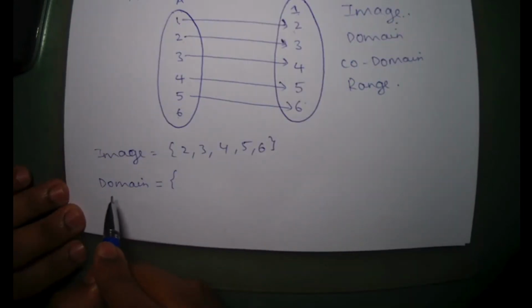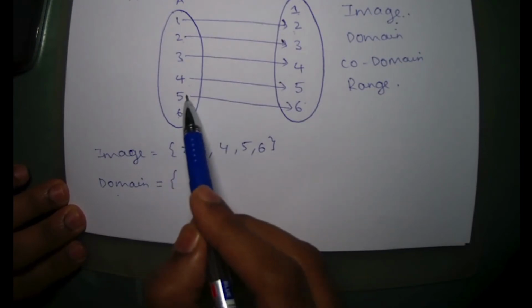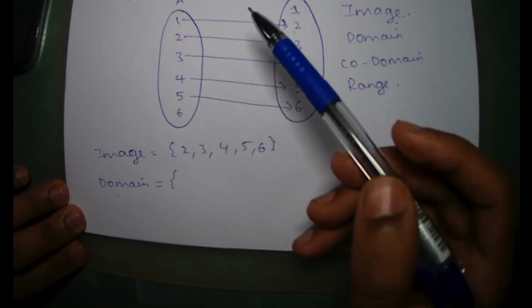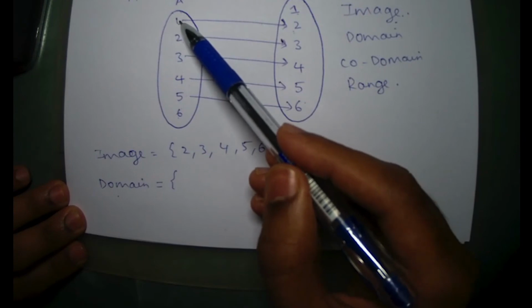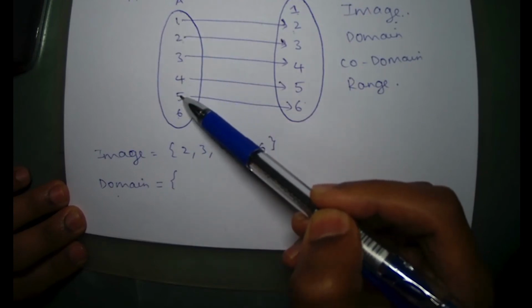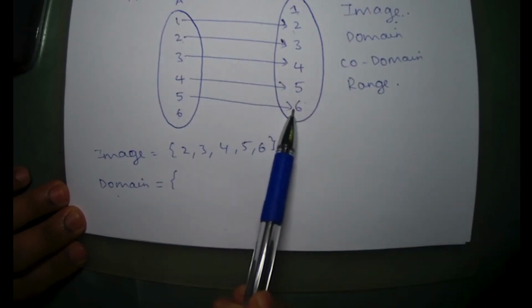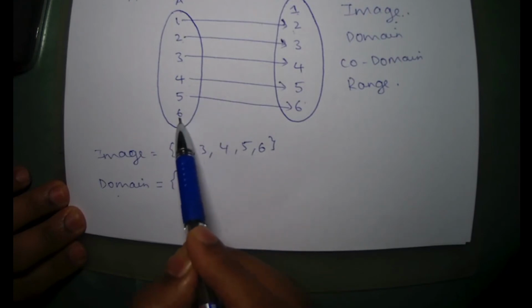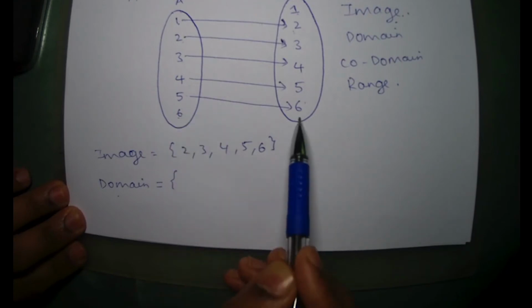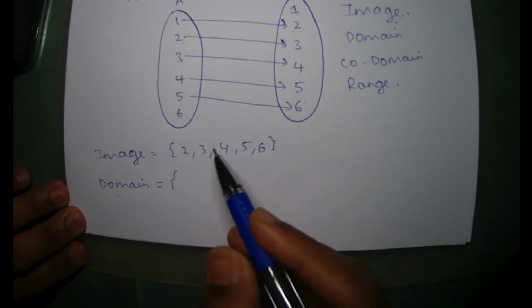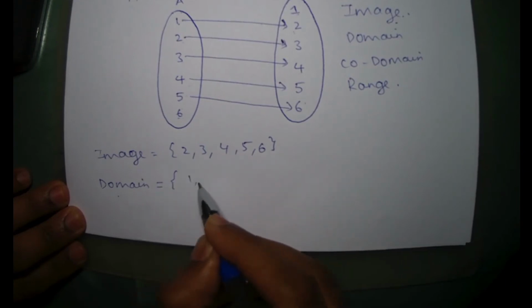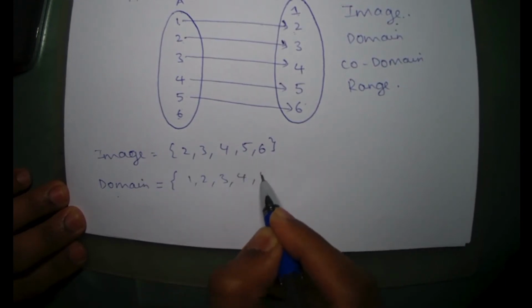So the next term we'll try to understand is domain. Domain are all the terms from set 1 which are part of a relation. So from the first set we see that 1, 2, 3, 4 and 5 are part of the relation since they are linked to the second set. But we see that 6 is not a part of the relation because 6 does not have any image. So the terms that come under domain are 1, 2, 3, 4 and 5.